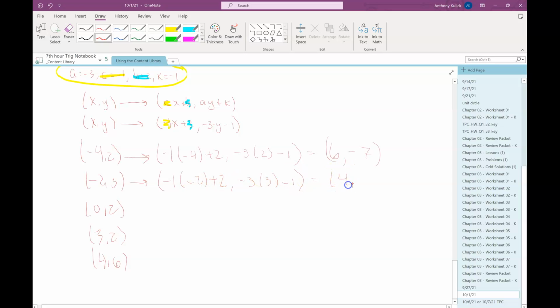So that's going to give me 4, and that's going to give me -10. Be 2 and -7. So that's going to give me -1 and -7.